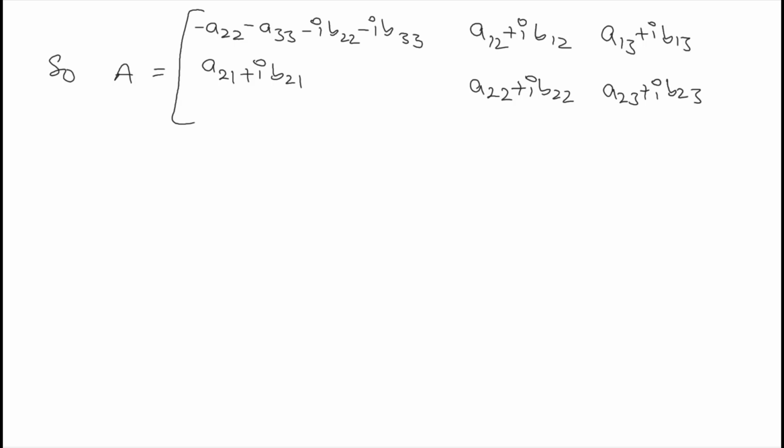The third row is A31 plus IB31, A32 plus IB32, A33 plus IB33.